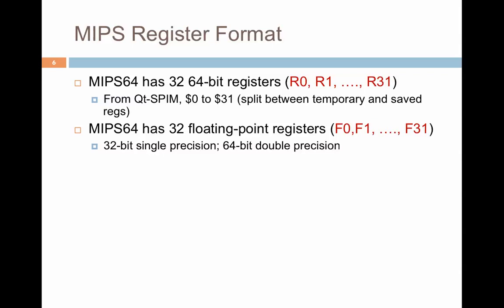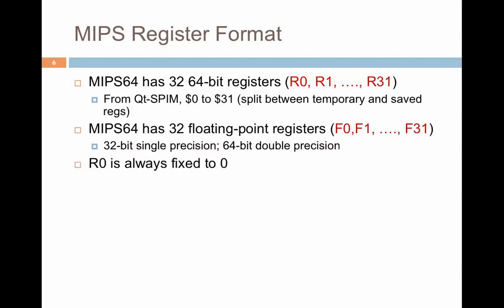However, if you use F0 and then F2, F4, F6, skipping one in between, they are considered 64-bit double precision. So F0 and F1 together form a 64-bit double precision register. Keep in mind that if you're using double precision, you cannot use the odd numbered registers. But with single precision, you can use all of them.